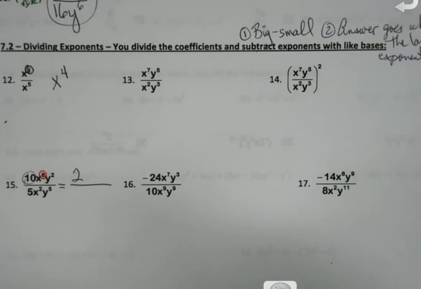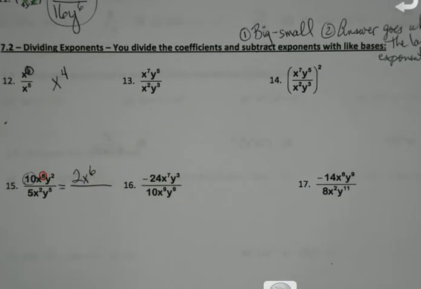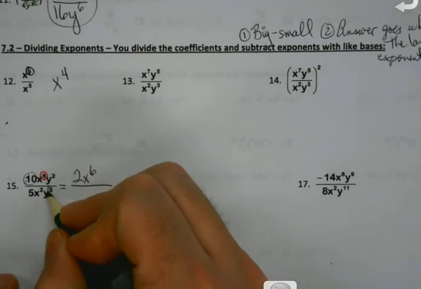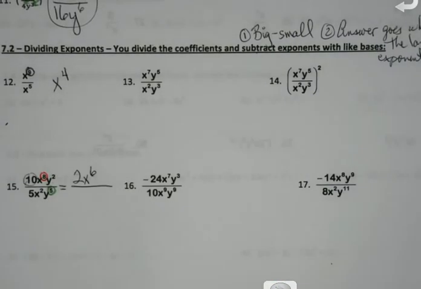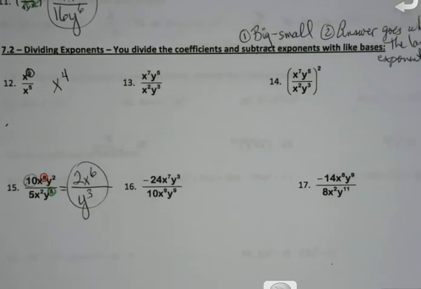The 8 is bigger, so my answer, my x to the 6th, goes in the numerator. And with my y's, 5 minus 2 is 3, but the bigger exponent's in the denominator. So I get y to the 3rd, and I'm done. Okay. That's the biggest thing to keep track of with these.